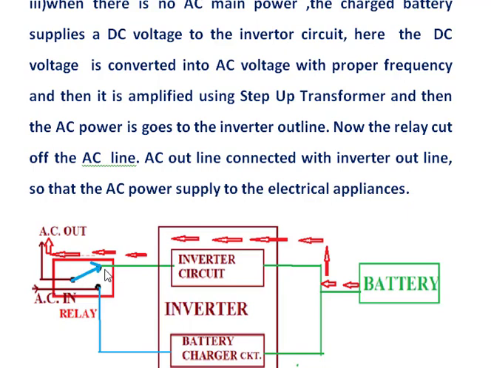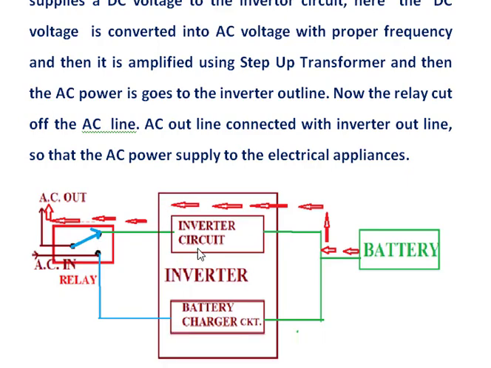So this lever is connected here. The AC output goes to different home appliances from the inverter. So the 12 volt DC voltage stored in the battery is now converted into 220 volts AC with 50 Hz.